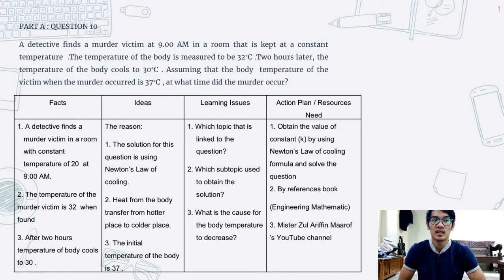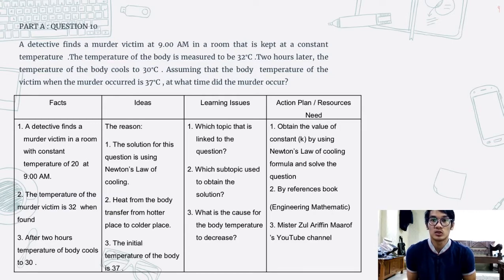Thirdly and lastly, after 2 hours, the temperature of the body cools to 30 degrees Celsius. The ideas to solve the problem are: firstly, the solution for this question uses Newton's law of cooling. Secondly, heat from the body transfers from a hotter place to a colder place. And lastly, the initial temperature of the body is 37 degrees Celsius.